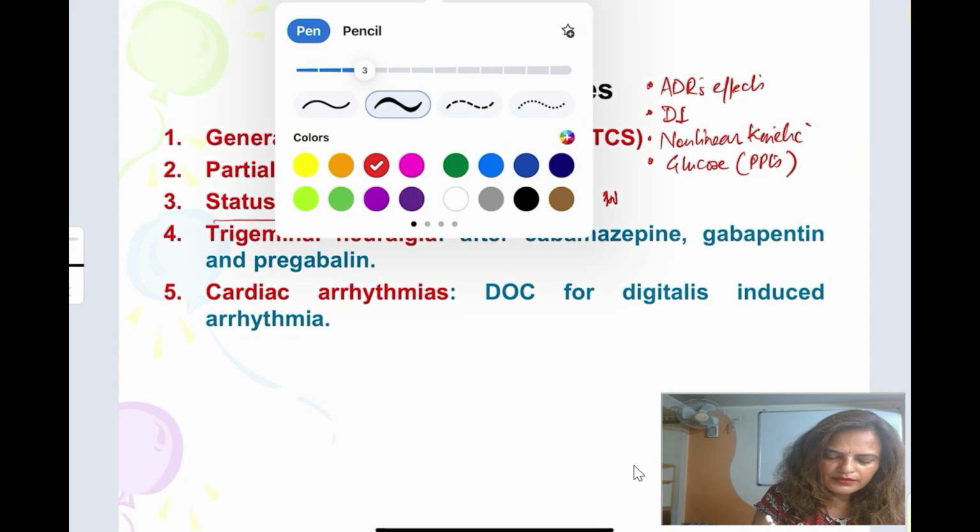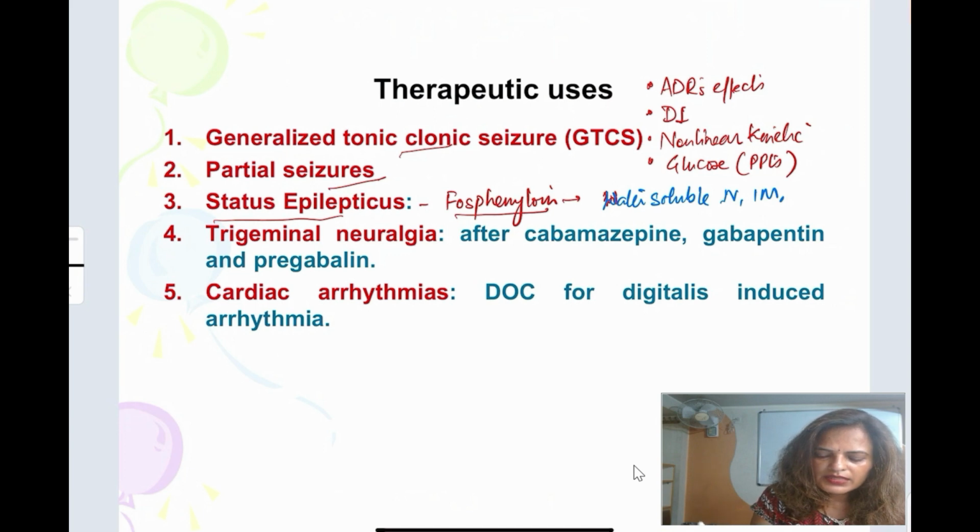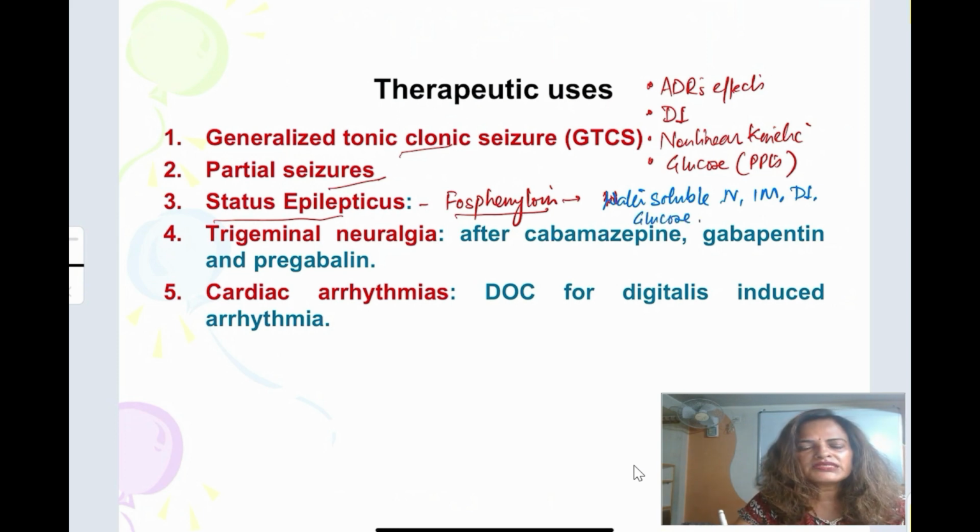Its water solubility is good, so we can give it by IV and IM routes. Its drug interactions are fewer, its kinetics are also better, and we can give it with glucose; it does not get precipitated.